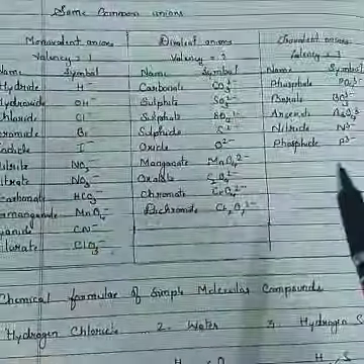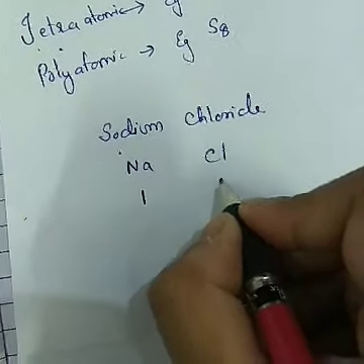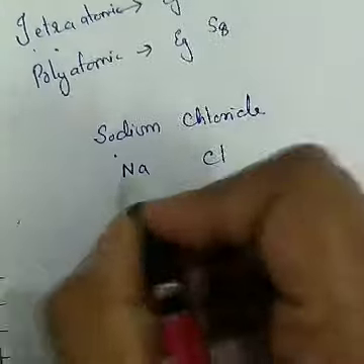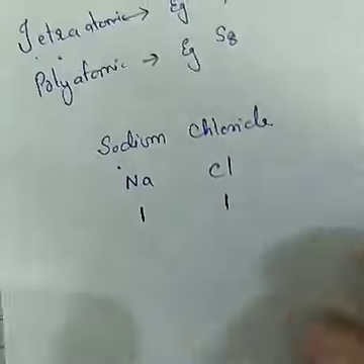So write sodium first, Na, and chloride, that is chlorine, Cl. What is the charge of sodium? It has plus 1, and chlorine is minus 1. If you want to write the charges, plus or minus, you can write them; otherwise, it's fine if you don't. Now you have to do crisscross. Crisscross means the number which chlorine has is taken up by sodium, and the number which sodium has is taken up by chlorine. Write the formula NaCl.